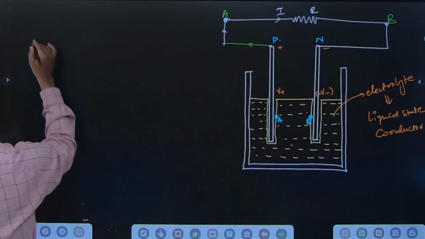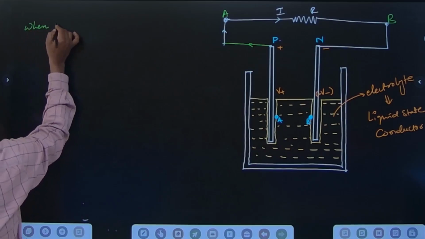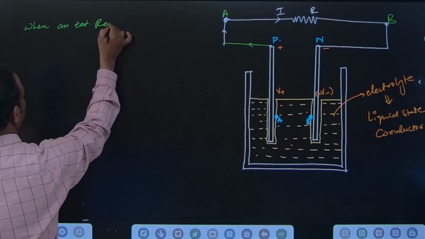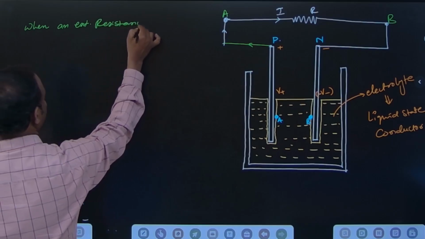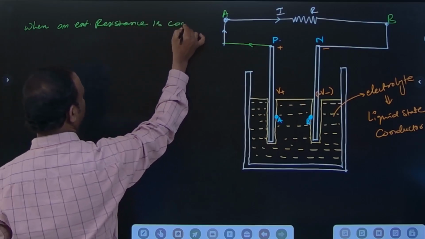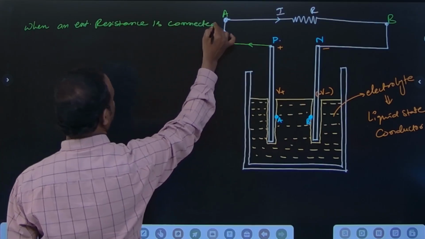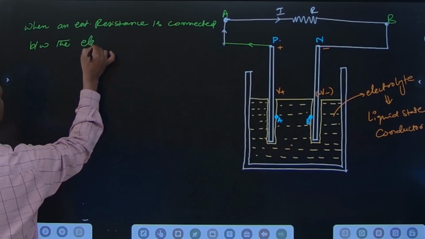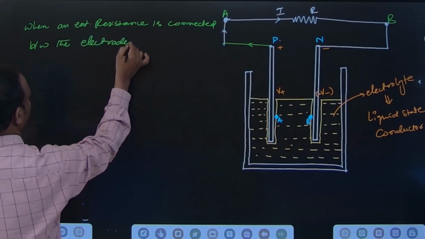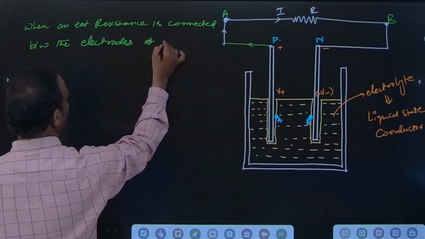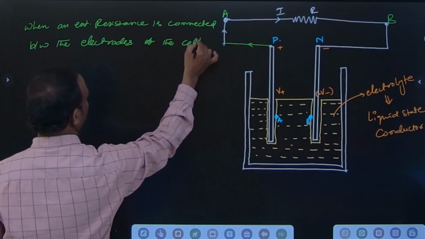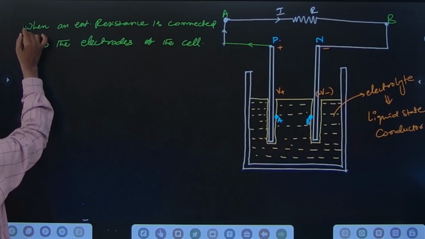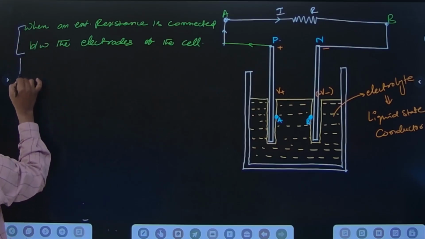So when an external resistance is connected between the electrodes of the cell, what will happen?